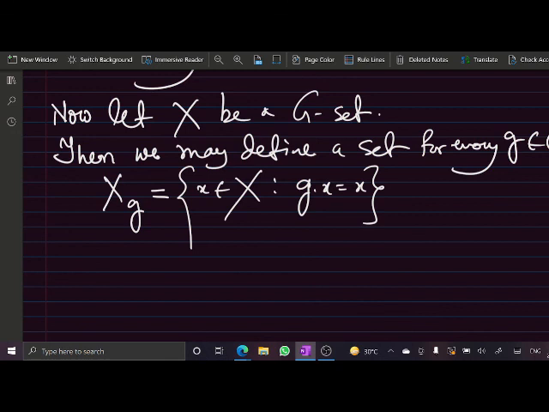Okay, so that means it involves the elements which are fixed by g.